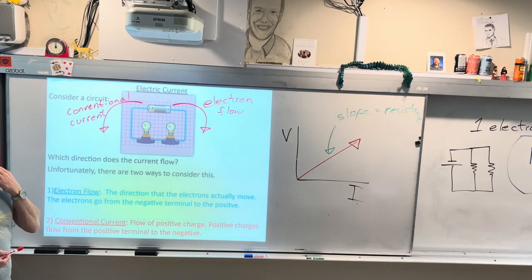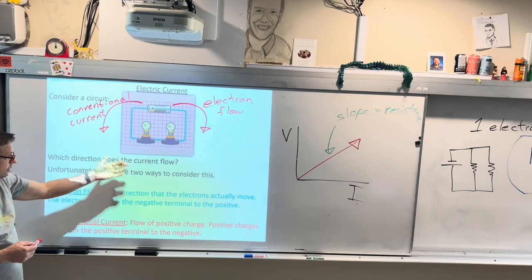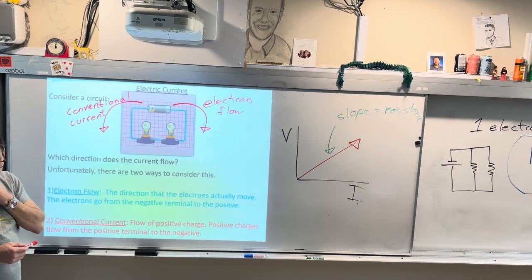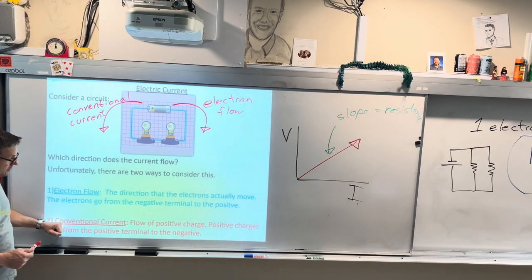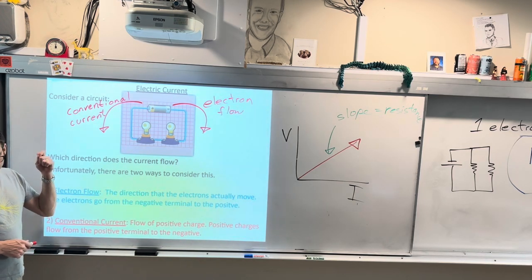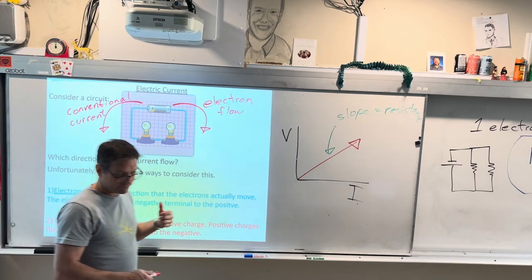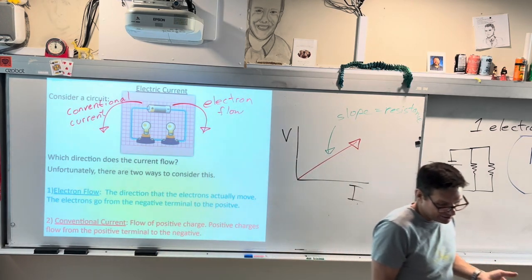It's partly because Ampere, when he was discovering current, he didn't know about electrons. So he just treated the positive charges as the ones moving. So electron flow goes from negative to positive, but conventional current goes positive to negative. And you just have to kind of remember that.